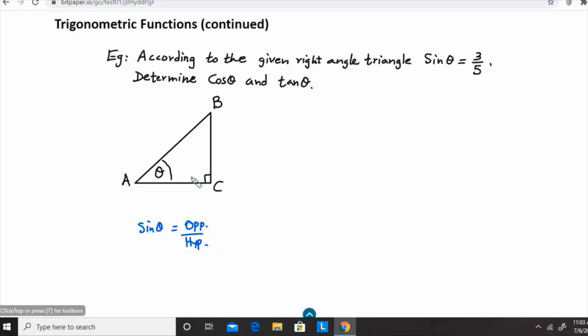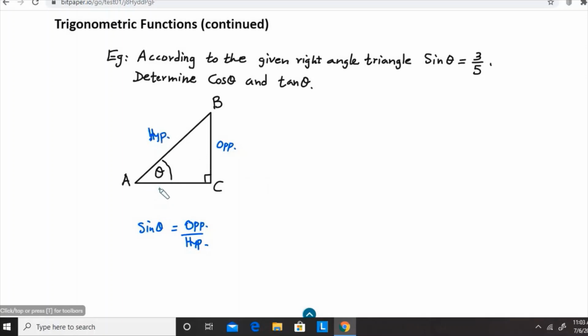Okay, so now let's go to the right angle triangle, and relative to the angle, let's try to identify what is opposite, what is the hypotenuse, what is the adjacent. Opposite to the angle, that is by definition the opposite side. The longest side is what we call the hypotenuse.